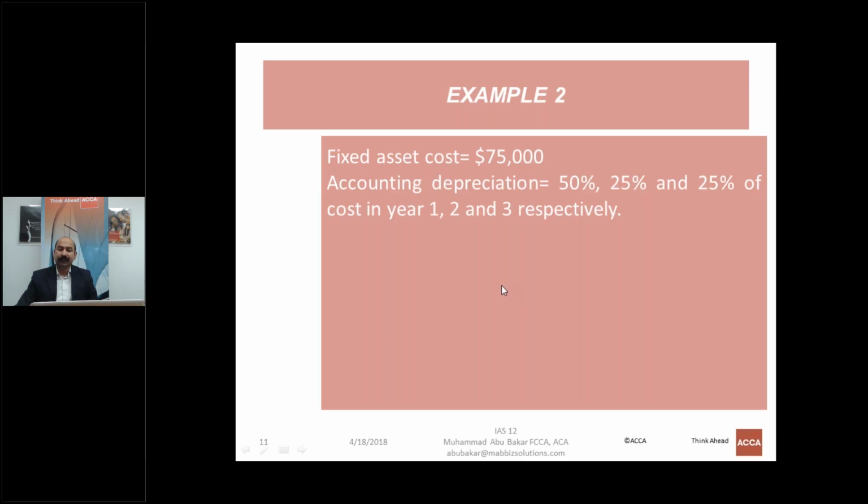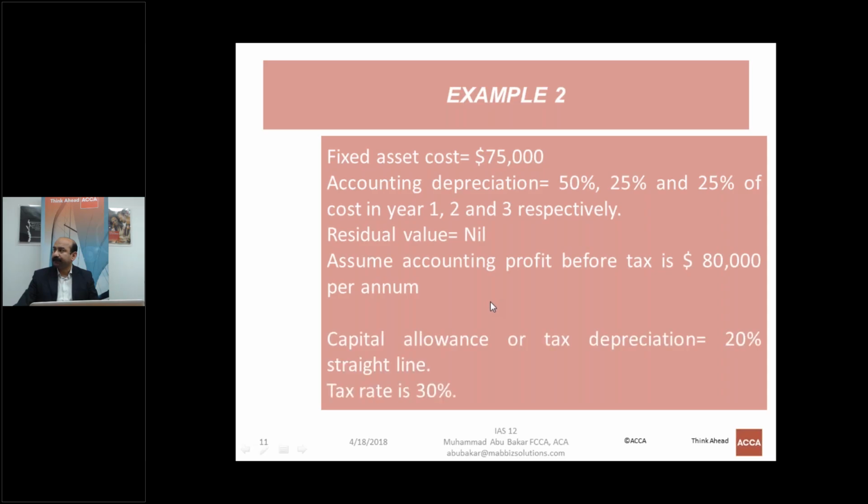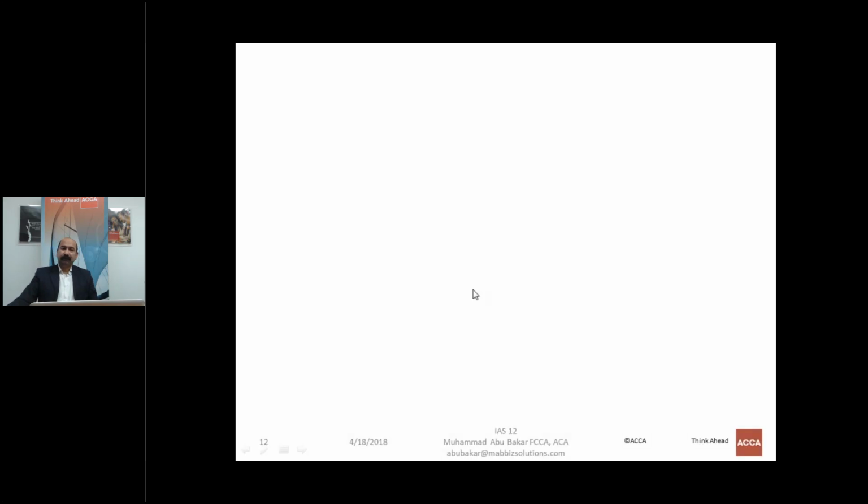Residual value is nil, and assume profit before tax is 80,000. Capital allowances or tax depreciation is 20% straight line, so we have reversed the situation. Now the tax rate is 30%. Let's see how it will affect.